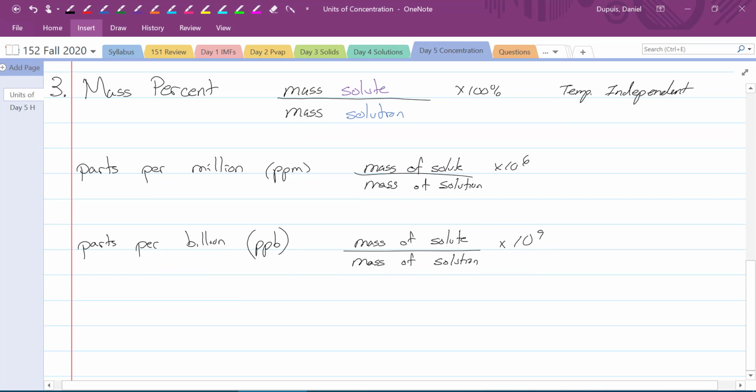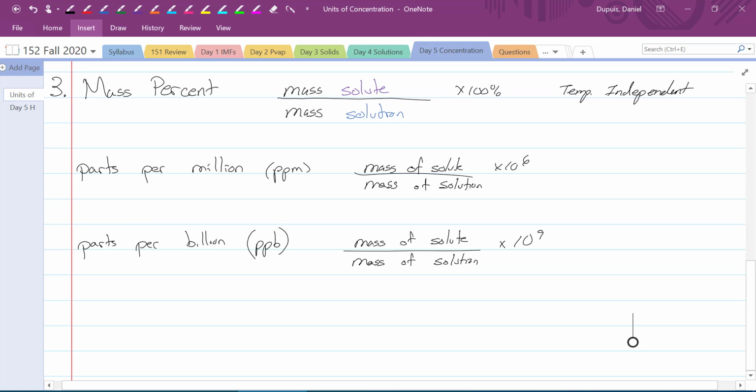These are very, very dilute solutions. We use those for dilute solutions, especially if you get a water bill every year. They should give you a report saying what's in the water, what they test for. I do recommend filtering tap water. Water is such a good solvent, guys. A lot of things dissolve in it.